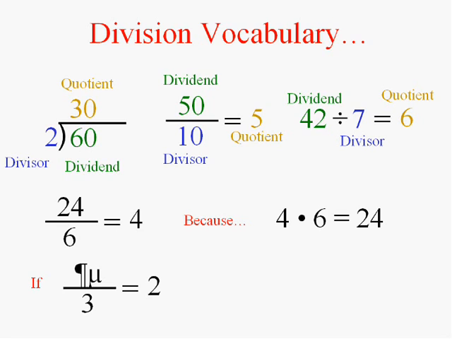Something divided by 3 equals 2, if 2 times 3 equals that something. I don't even know what it is, but I know it works if I can check it with multiplication. So just note that multiplication is the inverse, or the checking, of division. That's basic. You'll need to know that.